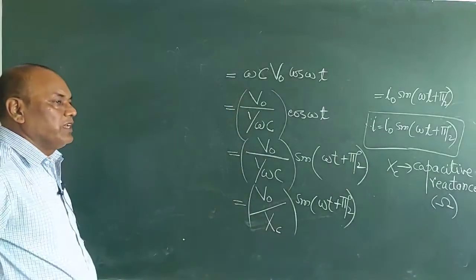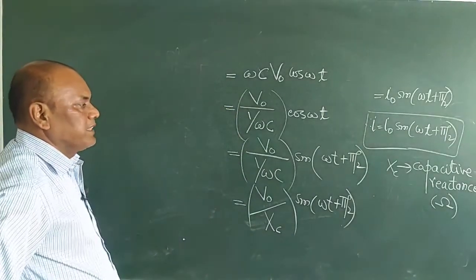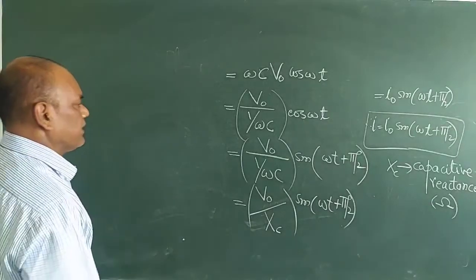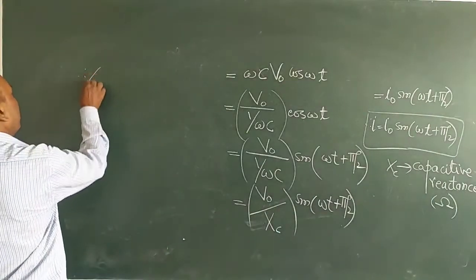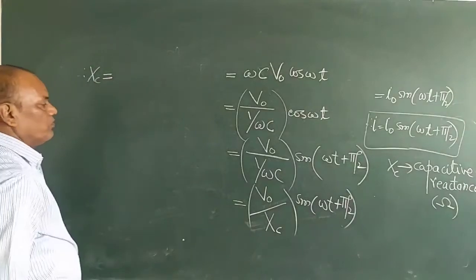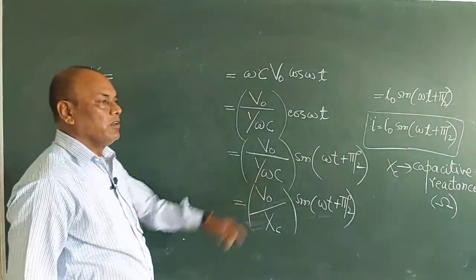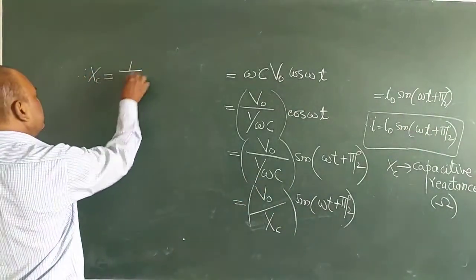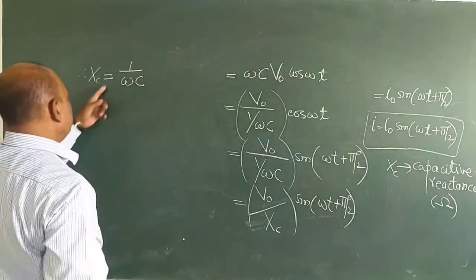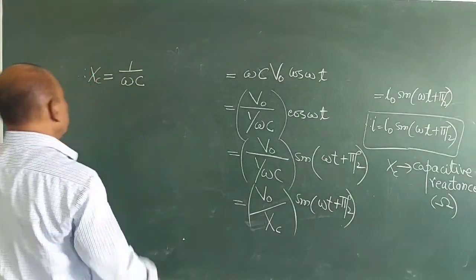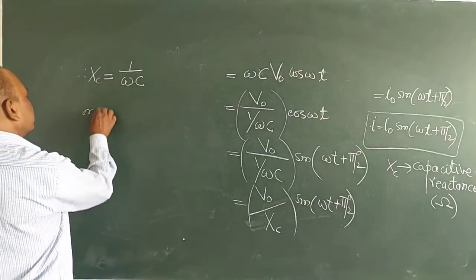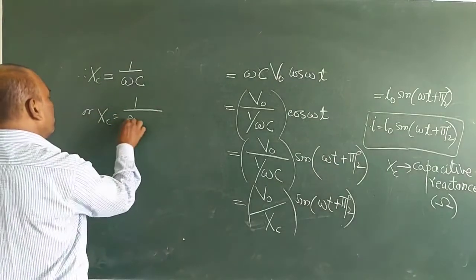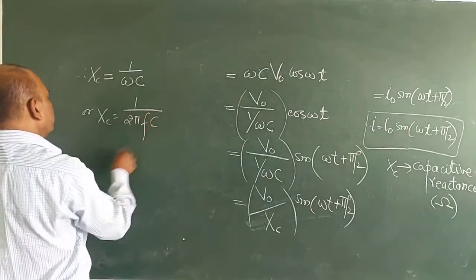Its name is only changed, but the behavior is the same as resistance. Therefore, XC is equal to 1 by omega C, or XC is equal to 1 by 2 pi F C.